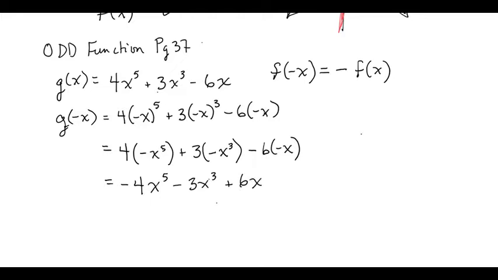What we should notice with this simplified answer and our original function is that one is just the negative of the other. And we can show that down here. If we put a negative sign in front of our original function, what it looks like is this. A negative sign in front of our original function, which is 4x to the 5th plus 3x cubed minus 6x.